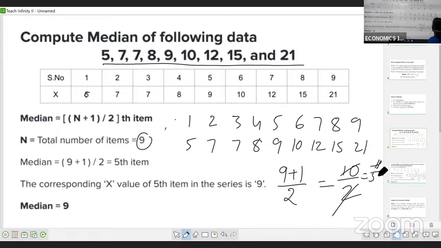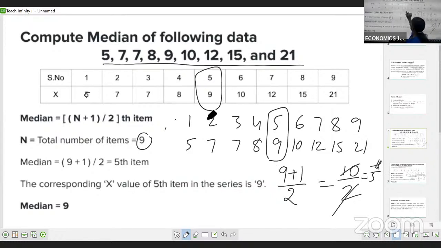Then the fifth item. Check in the data. What is the fifth item? The fifth item is this one. What is the number for the fifth item? The fifth item is 9. So 9 is the median. Okay. So this is a definite question.